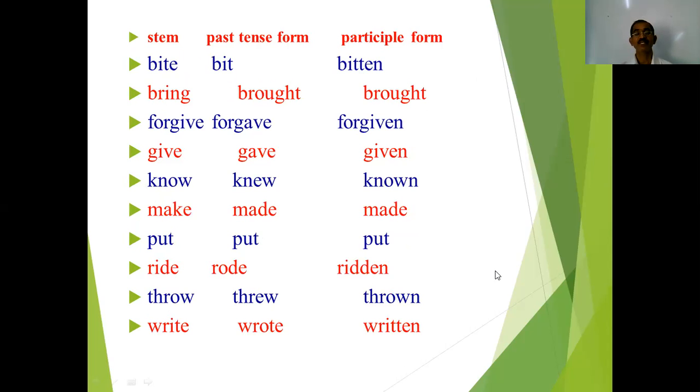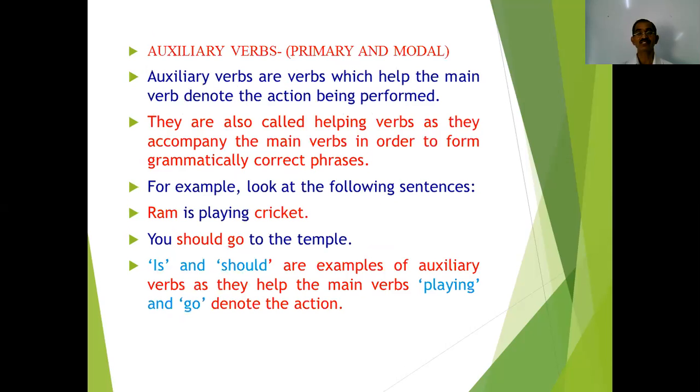Other examples: beat, beaten; bring, brought; forgive, forgiven; give, gave, given; know, knew, known; make, made; put, put; write, wrote, written; throw, threw, thrown. In this way, these are the examples of irregular verbs.